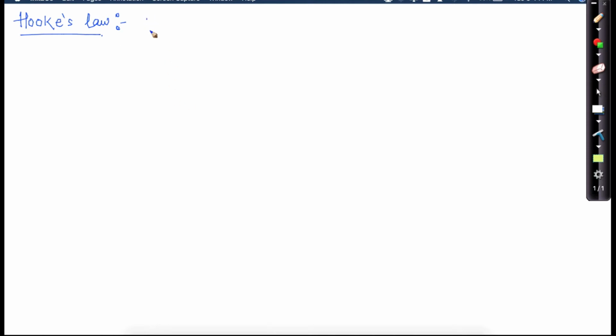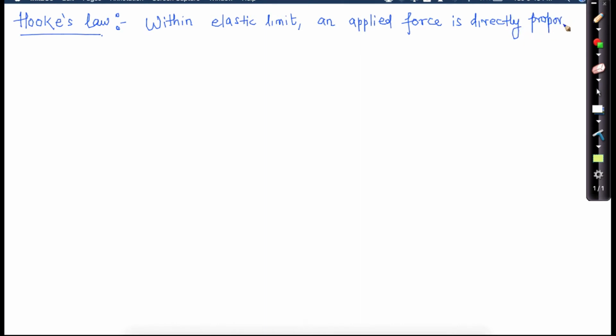So according to Hooke's law, within elastic limit, an applied force is directly proportional to extension. So we can say F is proportional to E.